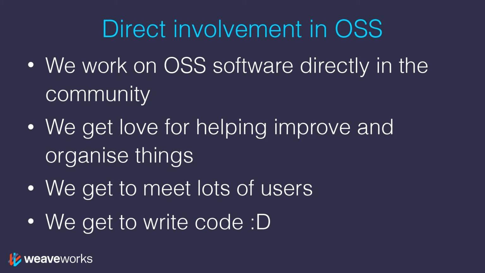This is my favorite one. Like I say, we directly get involved in open source projects as well. We get lots of love from the open source communities for helping improve and organize things. This also gives us access to lots of users, which is great. It's great to be able to just talk to them on Slack. People try out the things we're working on in open source, they give feedback, and we learn about what they're working on.